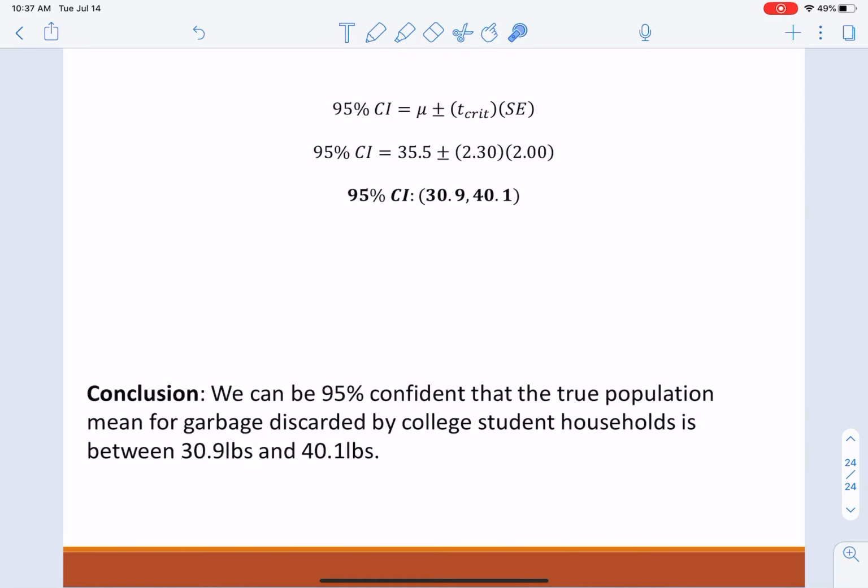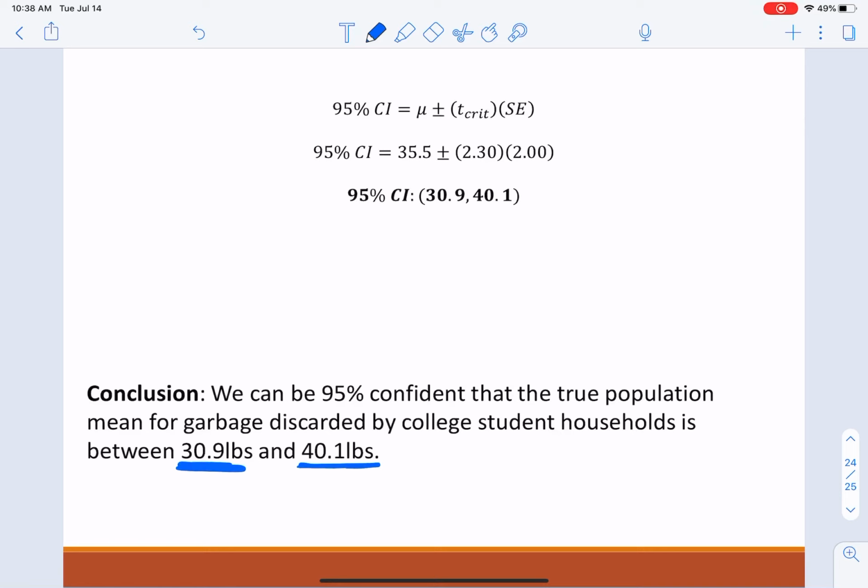Turns out that range is 30.9 to 40.1, okay? So we can say that we are 95% confident that the true population mean for the garbage discarded by college student households is between 30.9 pounds and 40.1 pounds.